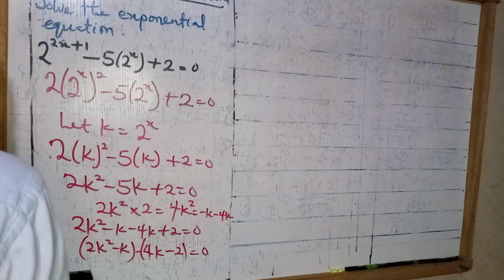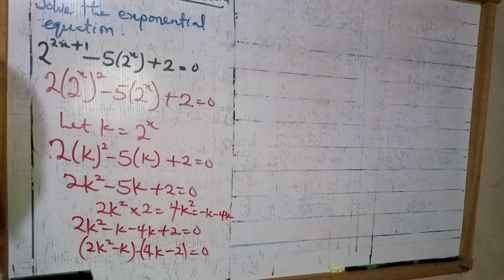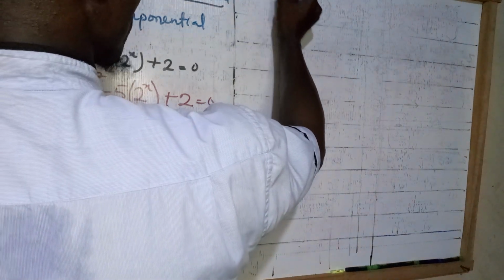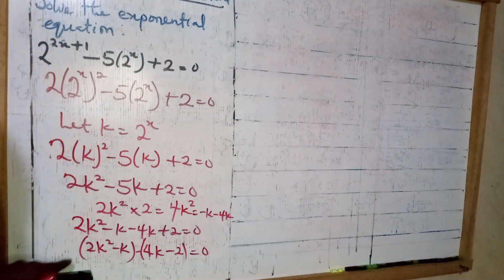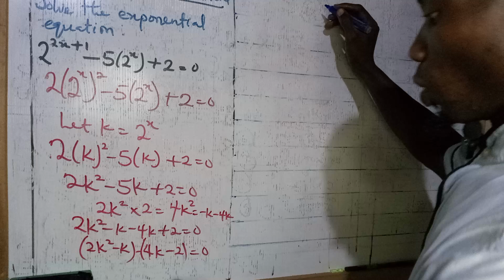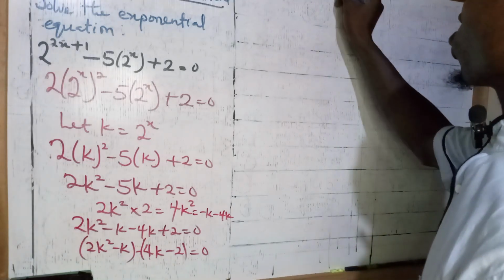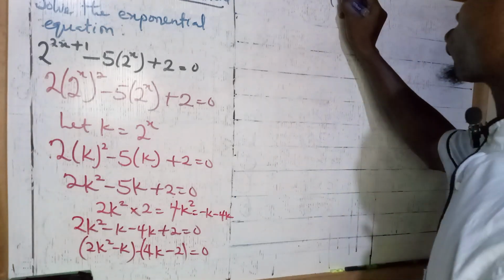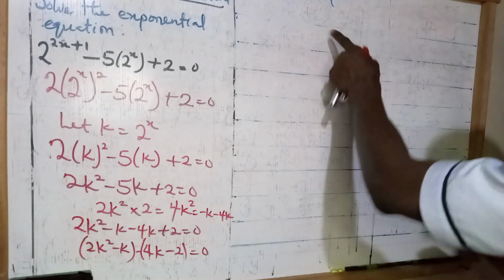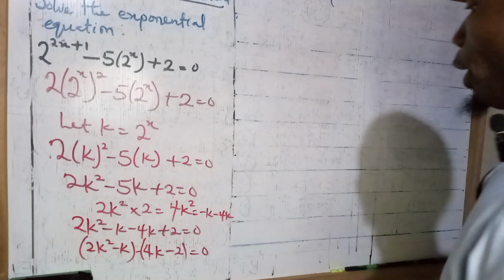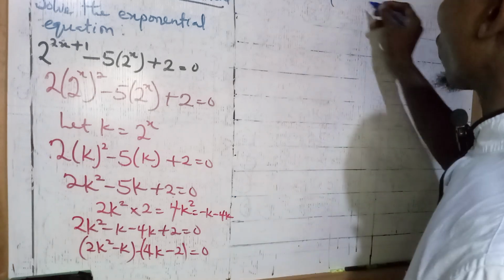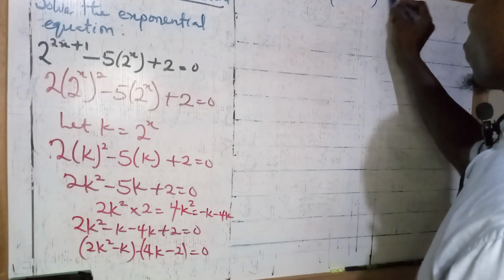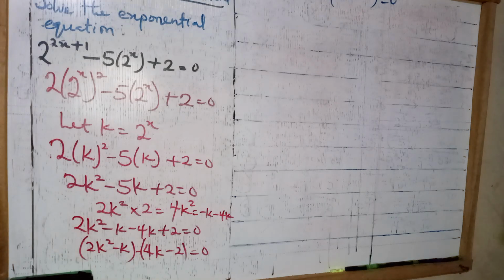So I can now have this as k into brackets 2k minus 1, then minus, what is common here is 2 into brackets: minus 2 in minus 4k will give us 2k, and minus 2 in 2 will give us minus 1, equals 0.